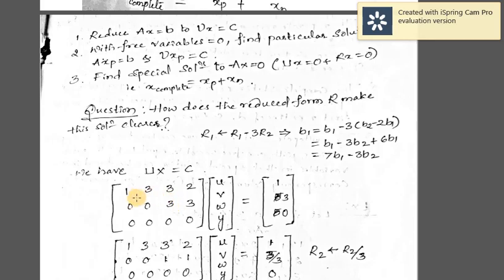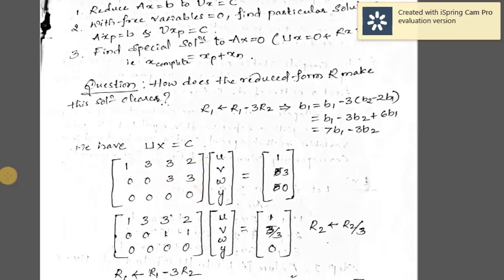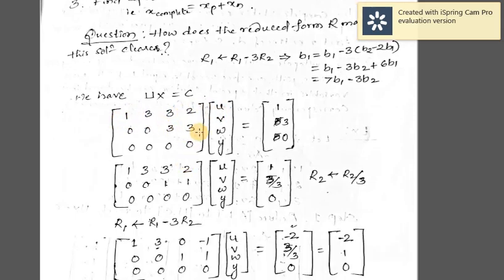The rest of the values have to be 0. To get those, we have to do the following operations. Now here there is a 3. We have to make it 1, because this is a pivot element and this is another pivot element. To make this one 1, we have to divide the second row by 3.